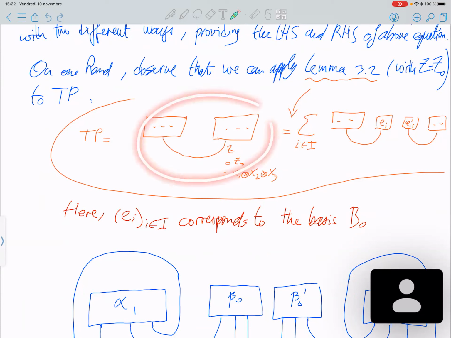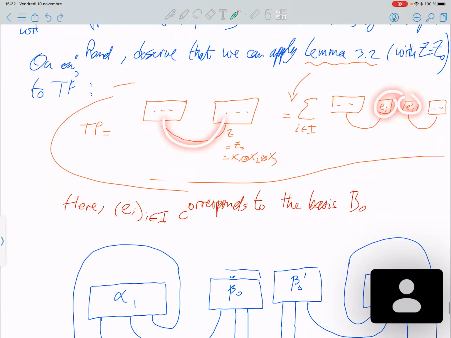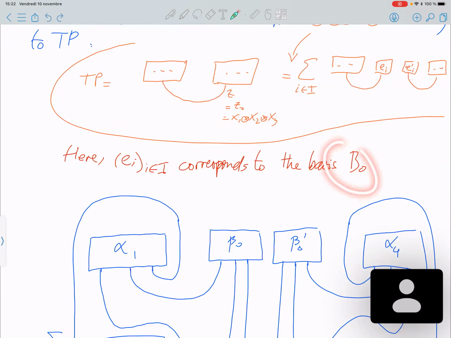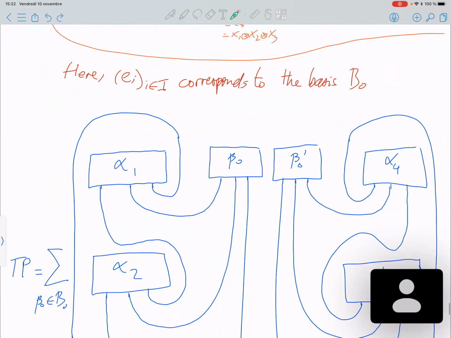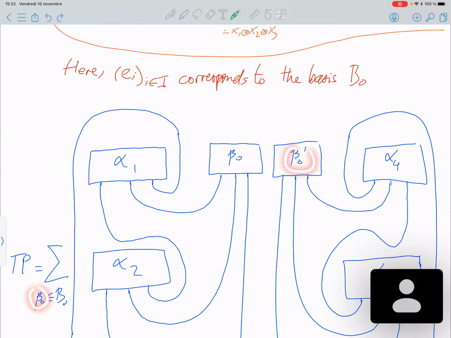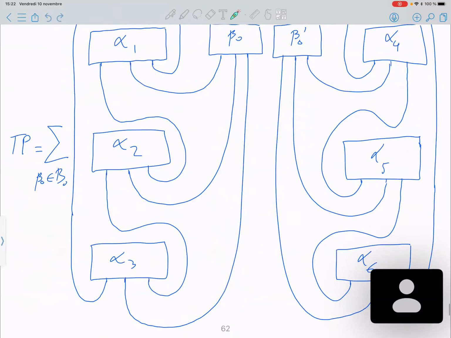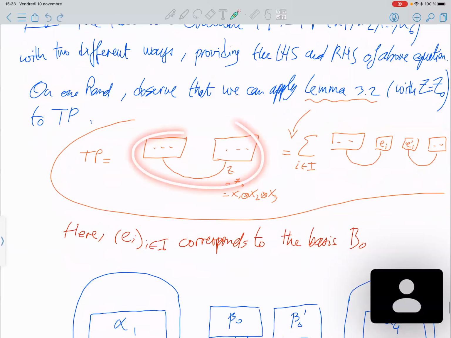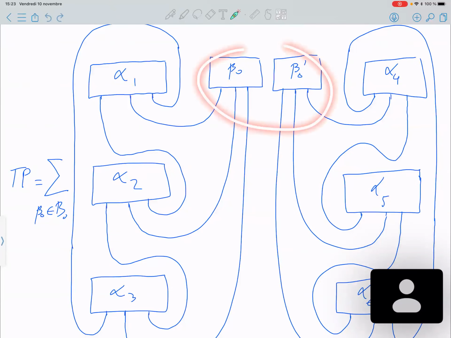So you can see the triangular prism with this global form. And so you apply, you have the basis, etc. Here the bases are called B0, and the elements of the basis are beta 0 and beta 0 prime. So we apply that and we get this form.